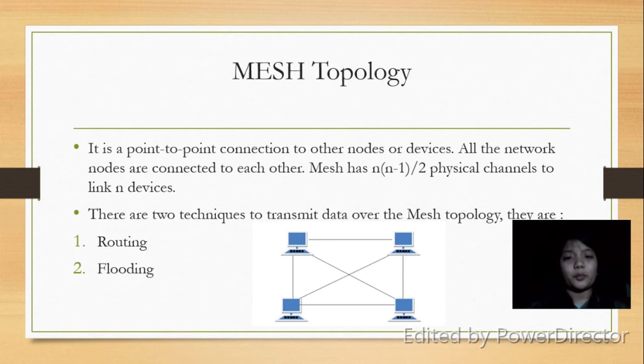Then the mesh topology. It is a point-to-point connection to other nodes or devices. All the network's nodes are connected to each other. Mesh has n(n-1)/2 physical channels to link n devices. There are two techniques to transmit data over the mesh topology: routing and flooding.